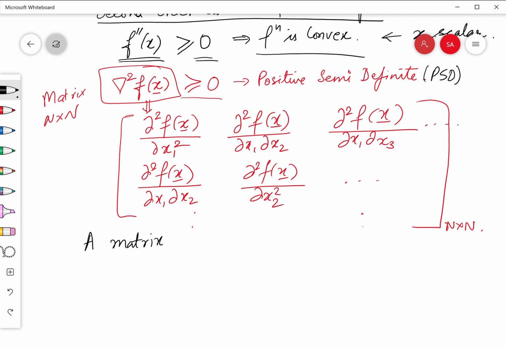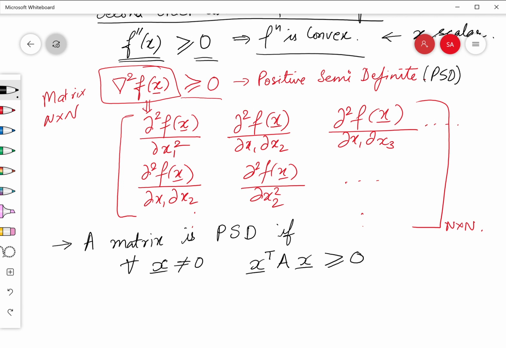A matrix is positive semi-definite if for any vector x not equal to 0, x transpose Ax is always greater than or equal to 0. Okay, so this is the definition of a matrix being positive semi-definite.